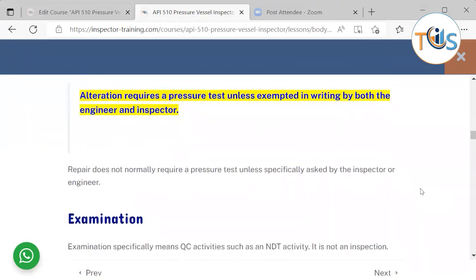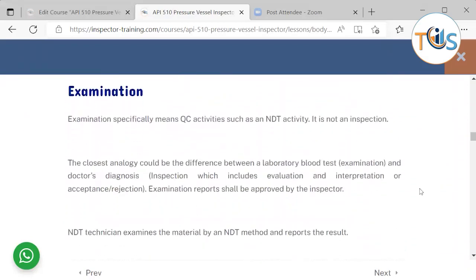Okay. Now, what is examination? They say it's a QC activity. Some people call it NDE, some people call it NDT. Now, the term NDE, non-destructive examination, is actually taking prominence rather than NDT, non-destructive testing, because testing is reserved for mechanical testing, pressure test, tensile test, hardness test, that sort of thing.